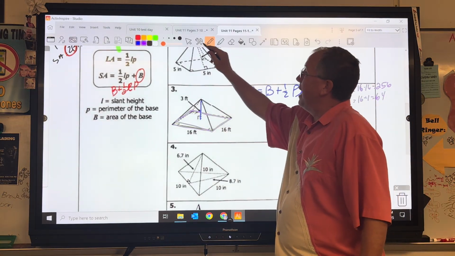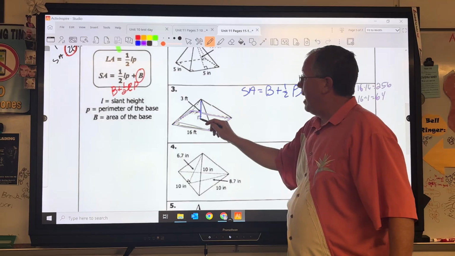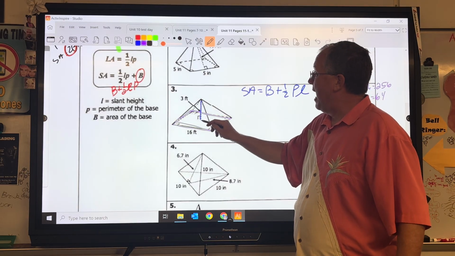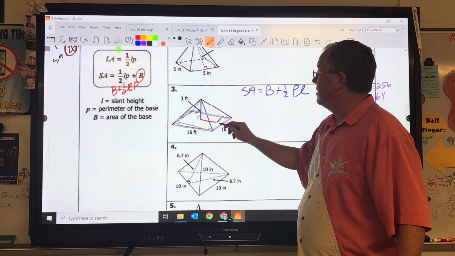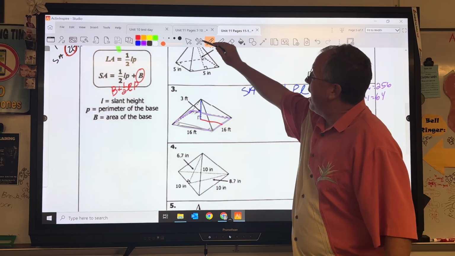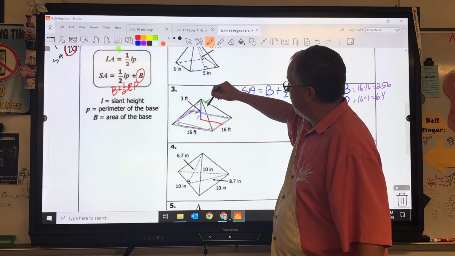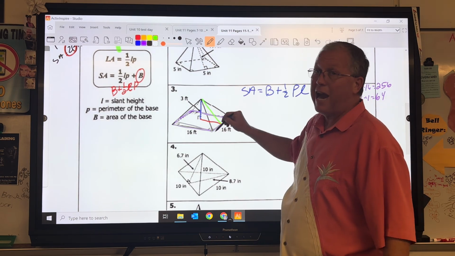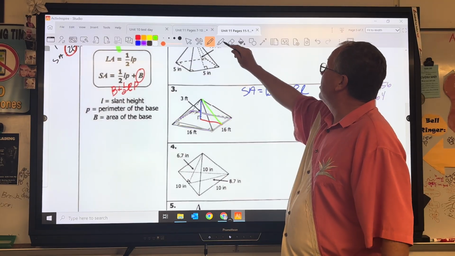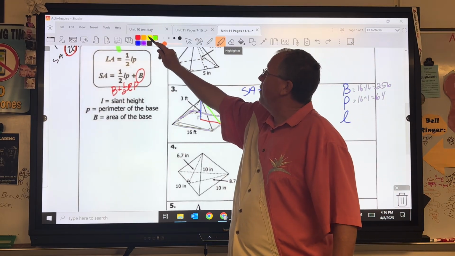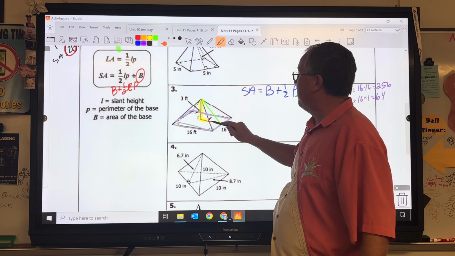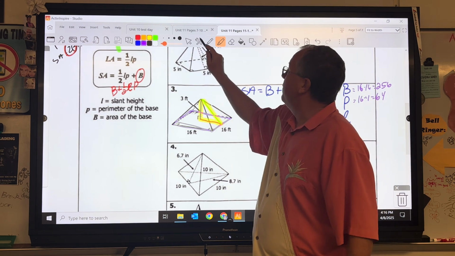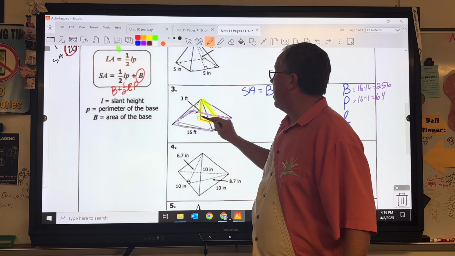If I connect from where the height comes straight down and I connect over to this side right here, and then I do my slant height going over like this, up that triangle right there, I have just made myself a beautiful, and I know you're so happy to see them again, a beautiful right triangle.